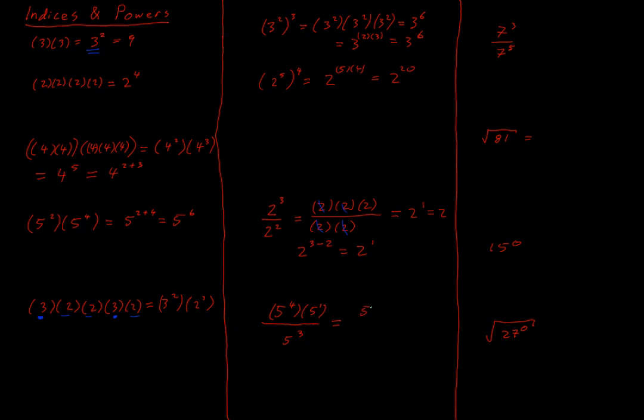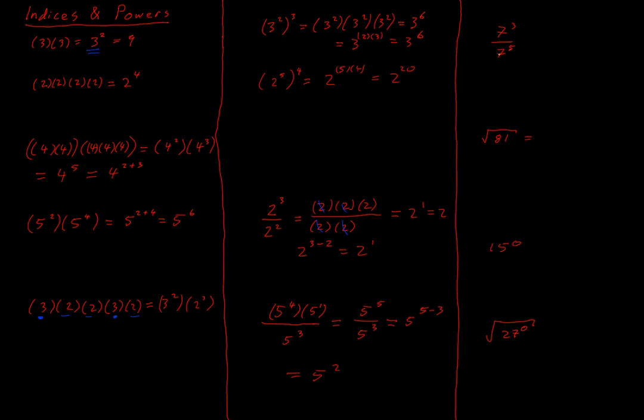So in total, I'm going to have 5 5's multiplied together, divided by 5 to the power of 3. And I just learned that if I'm dividing like this, I'm going to subtract my powers. So I end up with 5 to the power of 5 minus 3. I end up with 5 to the power of 2.